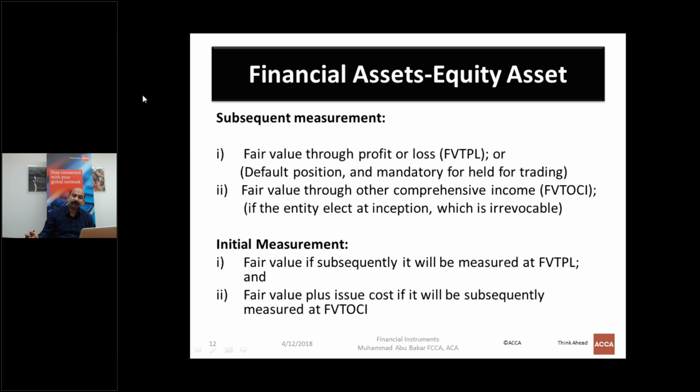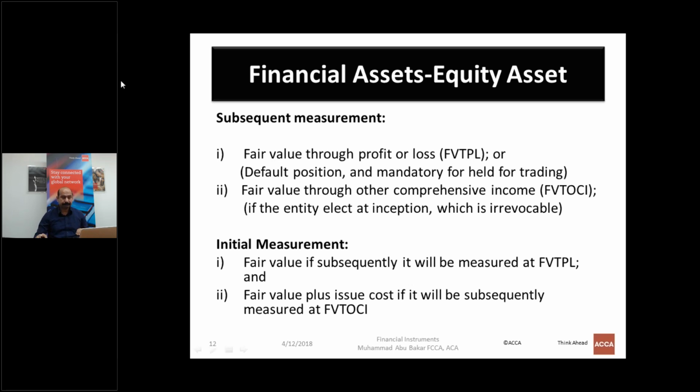After some slides we shall be discussing where you can change classification subsequently and where you cannot. But this is one example where, once you classify a financial asset which is an equity asset at fair value through other comprehensive income, subsequently you cannot change this classification.